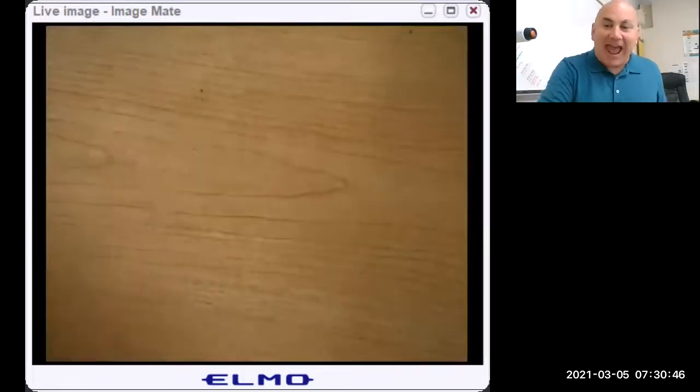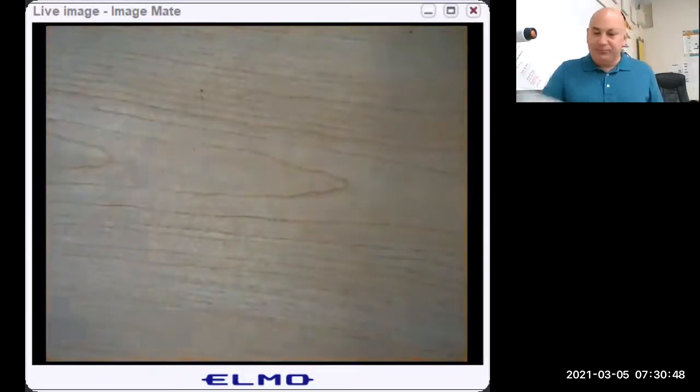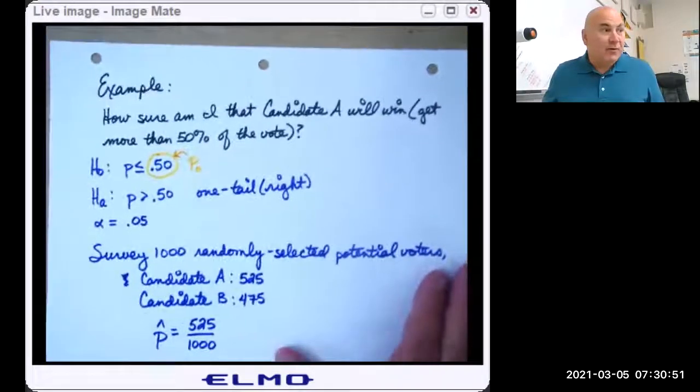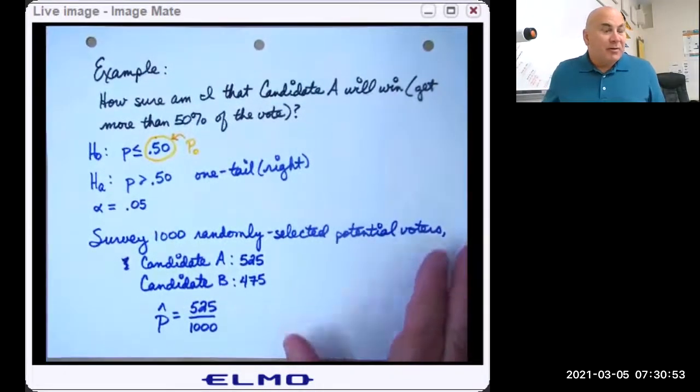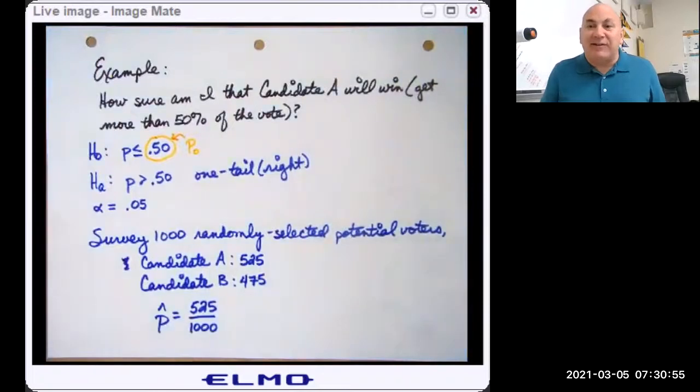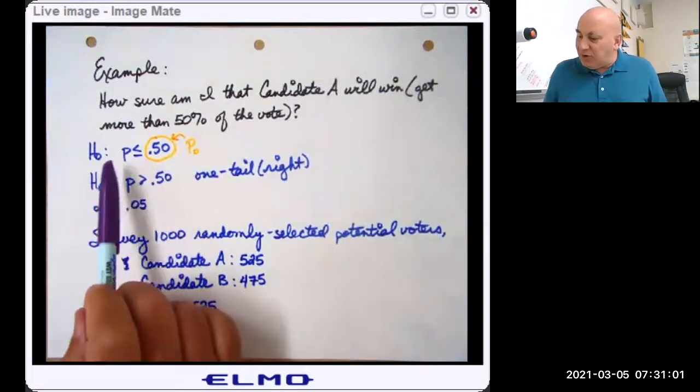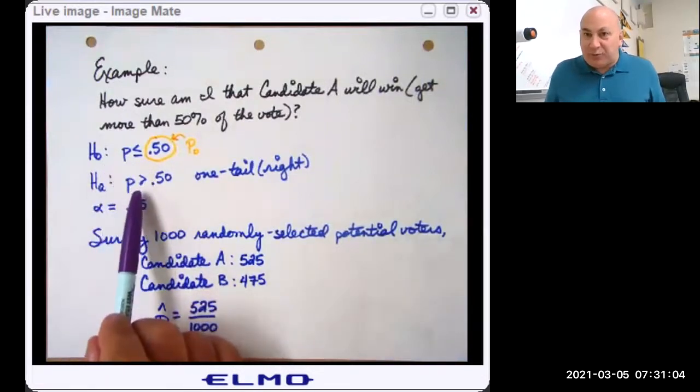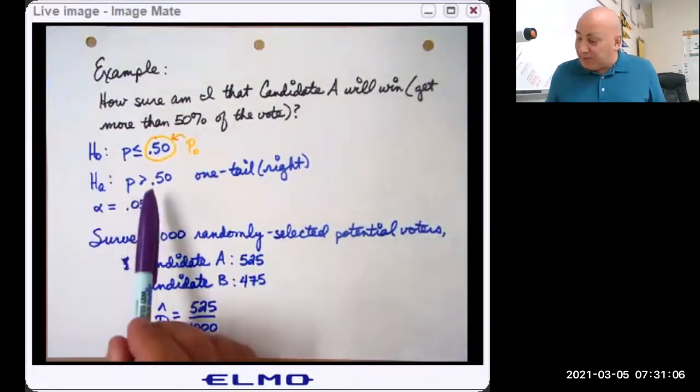So let's do an example problem. What's the probability that candidate A is going to win? In other words, candidate A gets more than 50% of the vote. So what I'm trying to prove is that candidate A is going to win.